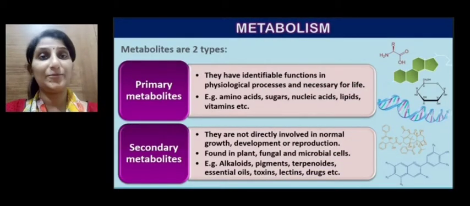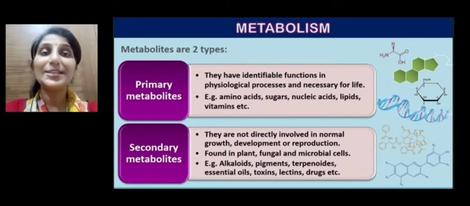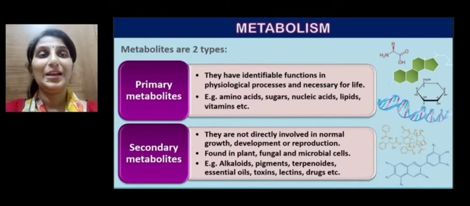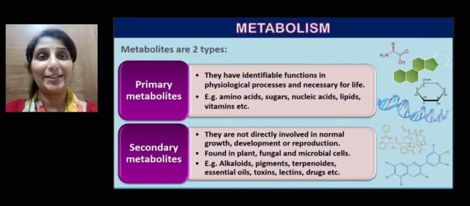So there are two types of metabolites, primary metabolites and secondary metabolites. What is the difference between these two? Primary metabolites have identifiable functions in the physiological processes and are very important for sustaining life. For example, amino acids, sugars, nucleic acids, lipids, vitamins are primary metabolites.